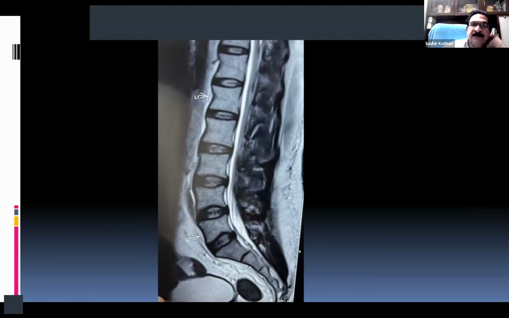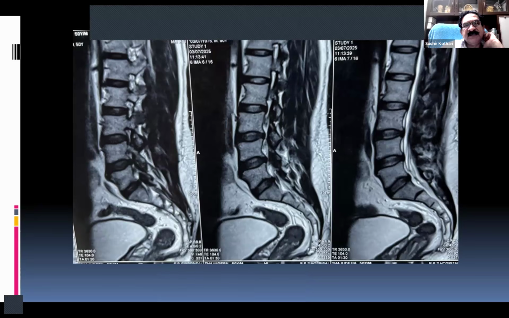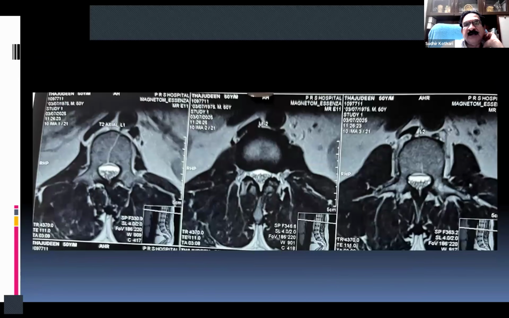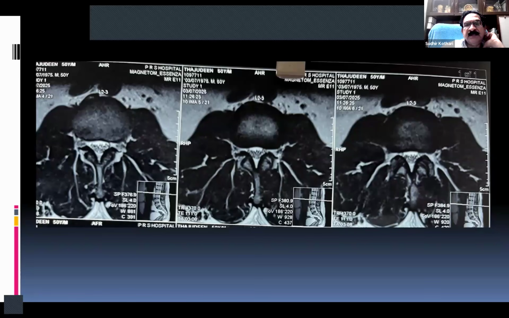Agreed. So MRI was done. This is the MRI sagittal. L2-3 mild is not significant. Axial, this is L1 level, L1-2 and L2. L2-3, we concentrated on L2-3 because that is the root we are suspecting.